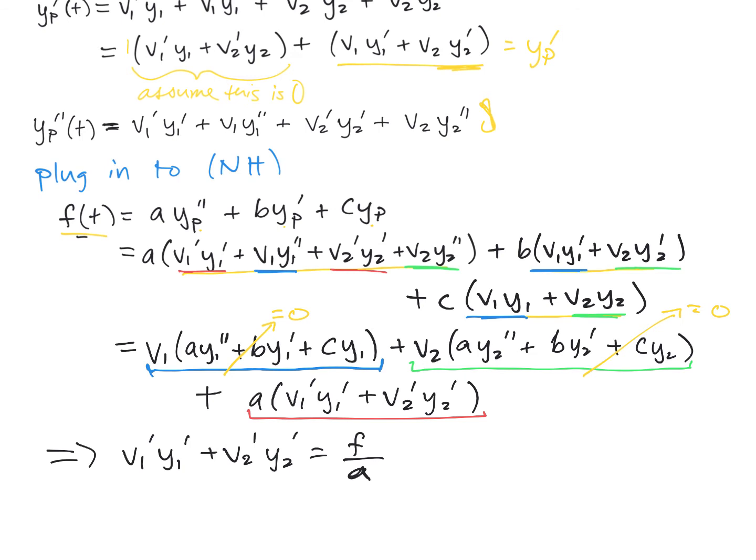And I can divide by a. We always have to assume that a is not equal to 0, otherwise we don't have the second order equation, right? So that's not a problem.